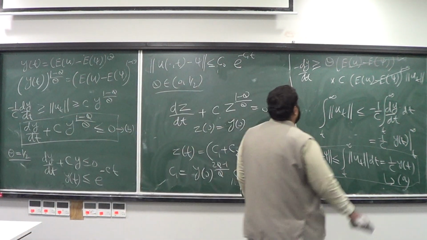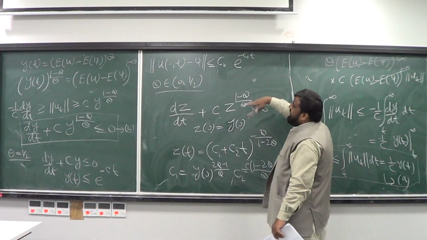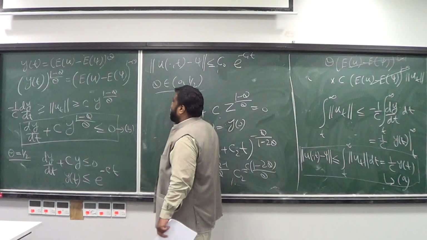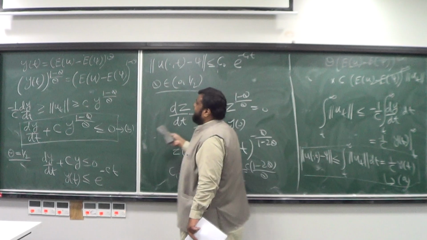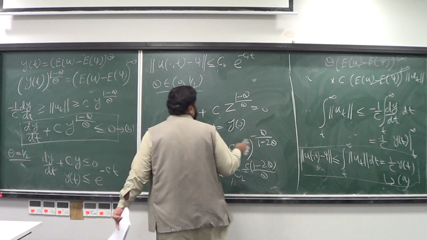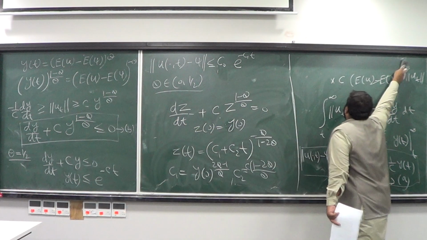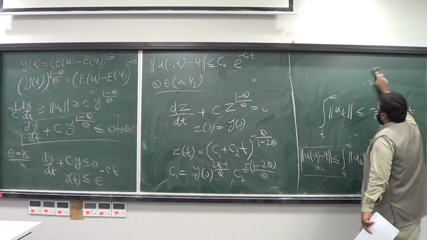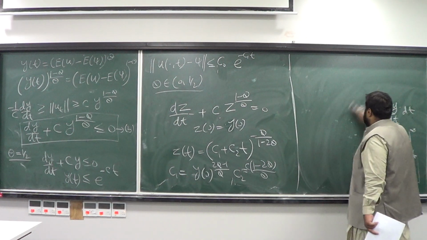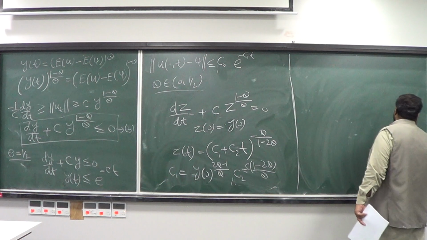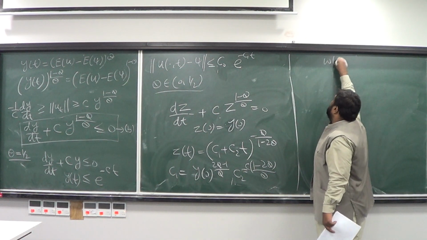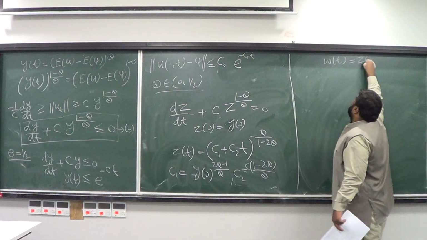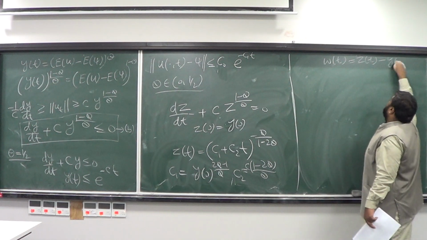And now consider the difference between z and y. z is the solution of this equation and y is the solution of this inequality. Let's see what their difference is. I want to prove that their difference is bigger than or equal to 0. So let me say that w of t is z of t minus y of t.